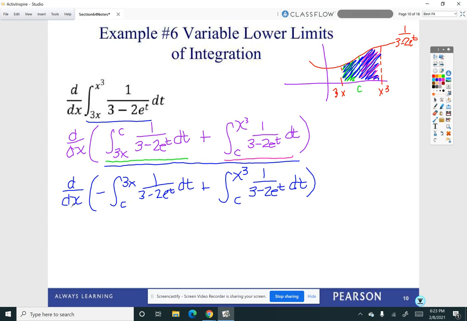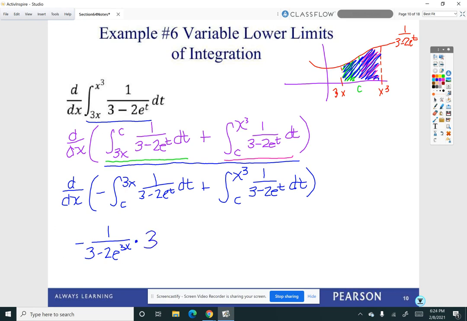All right, now let's actually do the derivative of each of those parts. Basically I'm distributing the derivative. So I'm doing the derivative of this first part, and then the derivative of the second part. For the first part, I basically just substitute 3x in for the t. But because 3x isn't just an x, I also multiply this by 3 because that's the derivative of 3x.